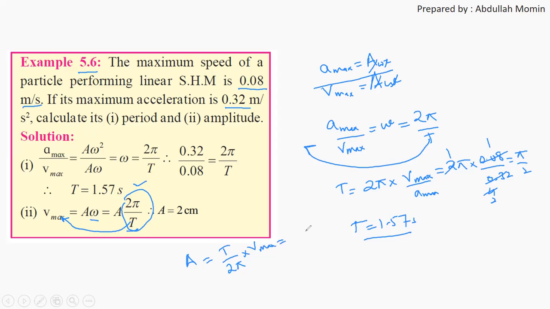We have the value of T, that is 1.57, that is pi by 2, into 0.08. So after solving this, you will get 2 centimeter.